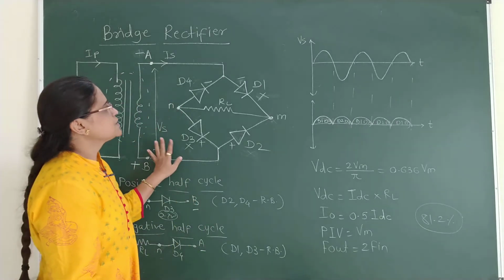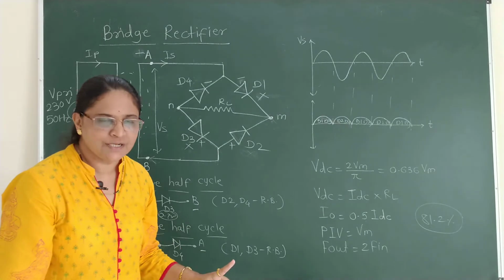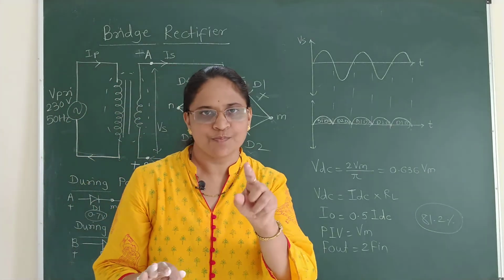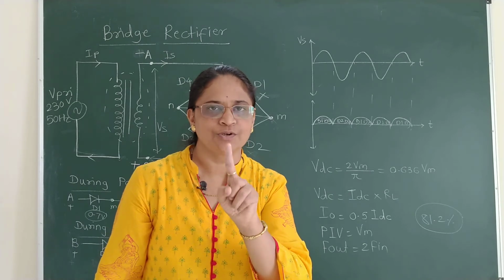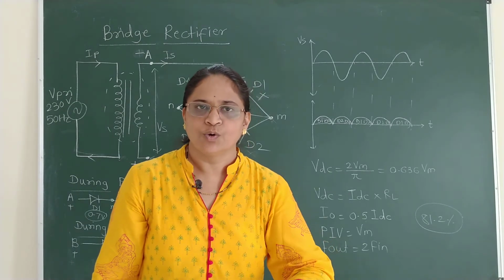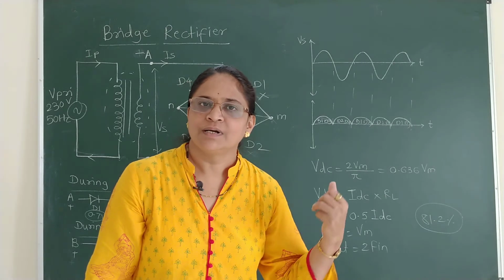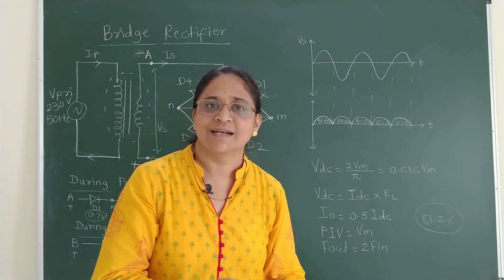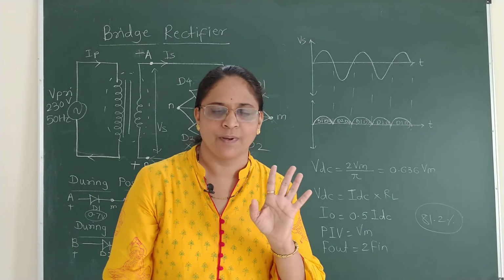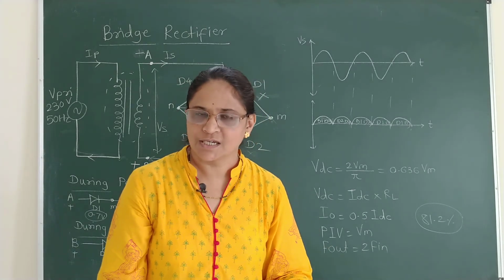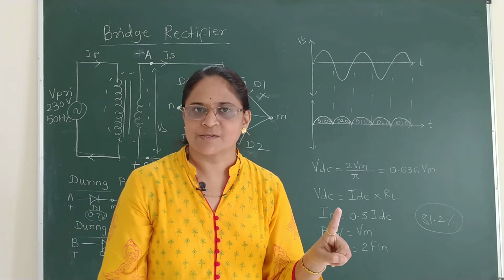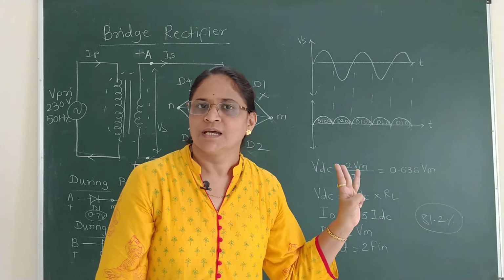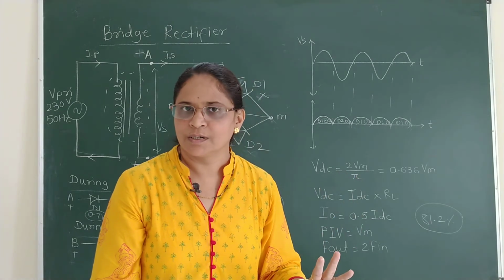So the drawback of this bridge rectifier is, if it is to be designed for low DC voltage, it is not suitable, because minimum 1.4 volt is to be utilized for overcoming the internal depletion layer when those two diodes get connected in series. That is the main drawback. Or else the advantage is it doesn't need a center tap transformer. It can work on a normal transformer. Even without transformers, these four diodes can work.